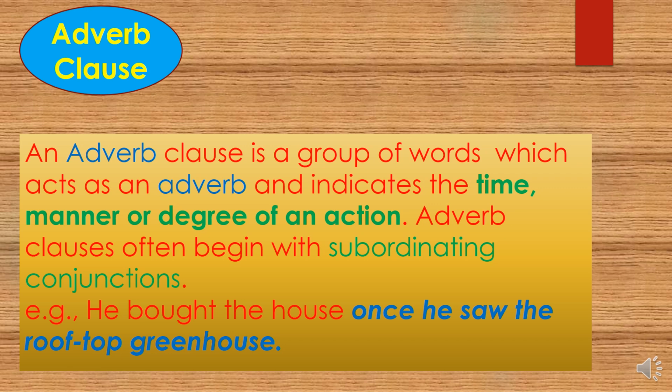Here we are defining our action by the condition, because of which we bought the house. So here it is the adverb, and we have used the subordinating conjunction once, so it will always be the adverb. More examples you can see, I will explain in the exercises.